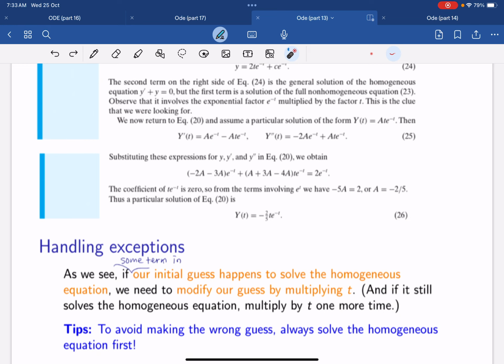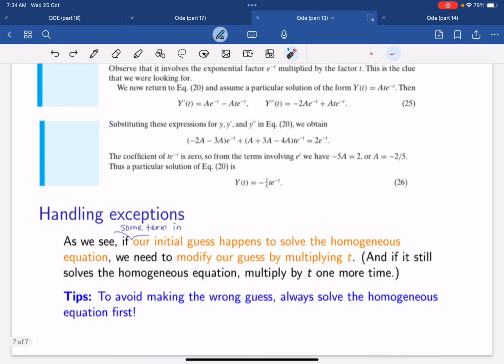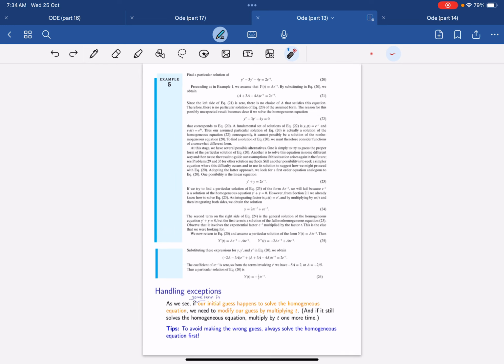If it does, then we just need to modify our guess by multiplying it by t to the power n, together with our homogeneous solution. And then this will allow us to figure out the particular solution. So to avoid making the wrong guess, we will always like to solve the homogeneous case first.